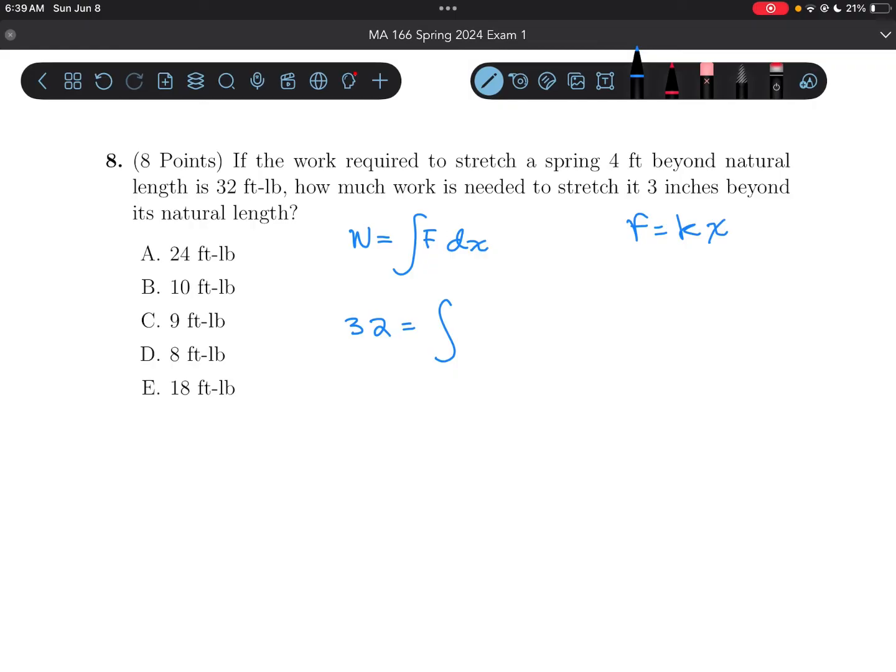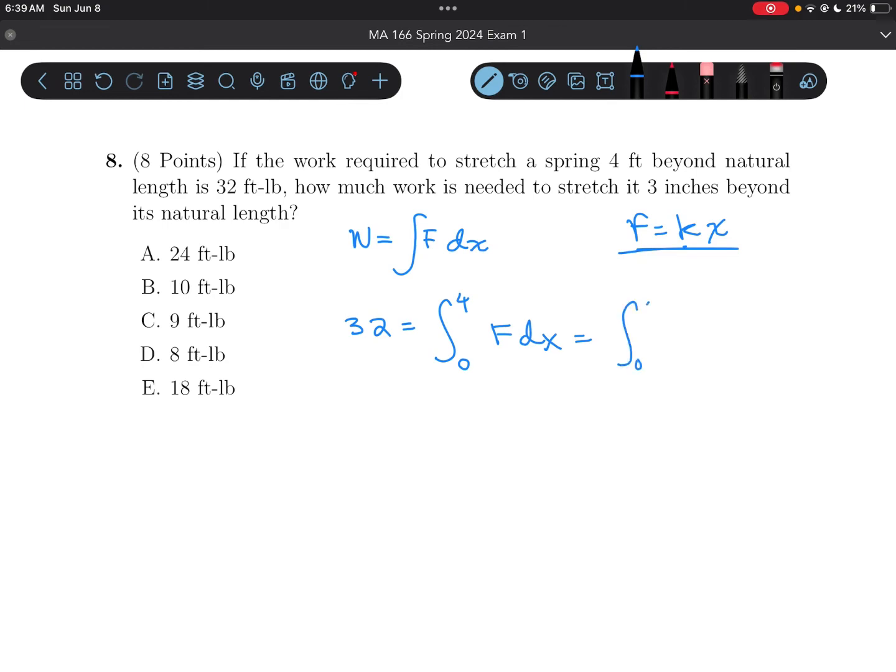So we can say that 32 is equal to the integral from 0 to 4 of f times dx. And then we can plug in this equation for f.